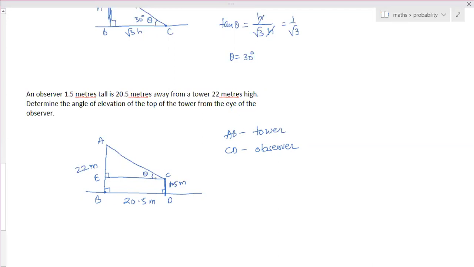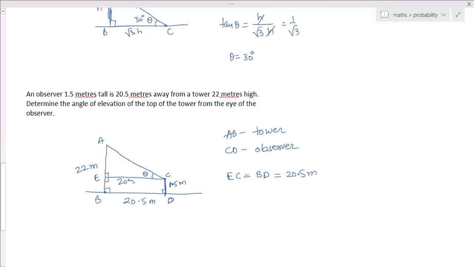Now for this triangle, we have to use trigonometry. Now EC and BD are equal to each other. Why? They are parallel, with 90 degrees angles, so it forms a rectangle, and opposite sides will be equal. If BD is 20.5, EC is also 20.5 meter.